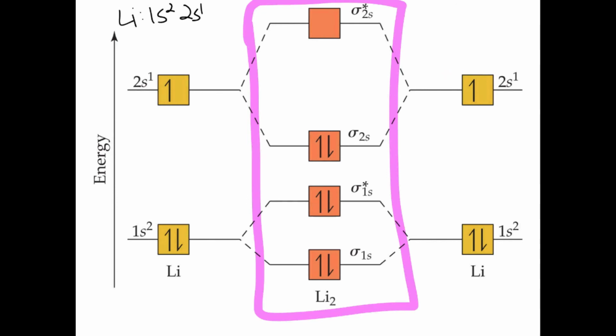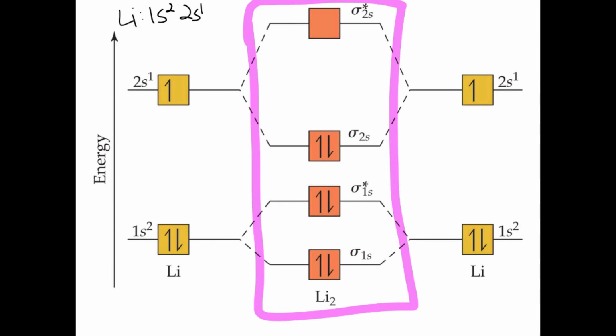As they come together, they create a favorable combination that is a bonding orbital made from 2 2s orbitals coming together, and an antibonding orbital made from the subtractive combination of 2 2s orbitals. So again, our sigma star 2s orbital would look very much like our sigma star 1s orbital, only larger, of course, because we know that the 2s atomic orbitals are large.